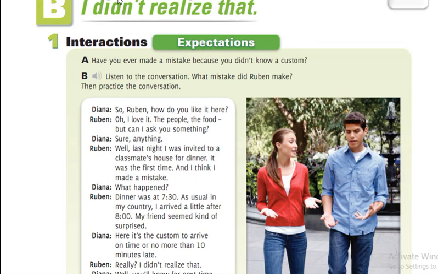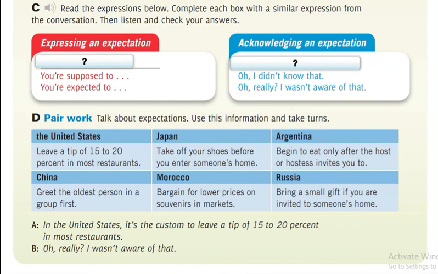Okay. Well, this is talking about expectations and rules. Now we will go to the next page and look at the phrases which are missing. Which expressions are missing? The first one says, you're supposed to, you're expected to, and it's the custom to. And then acknowledging an expectation: Oh, I didn't know that.